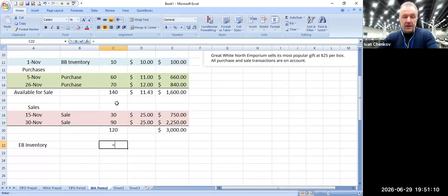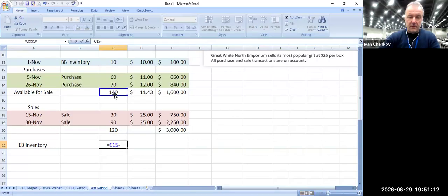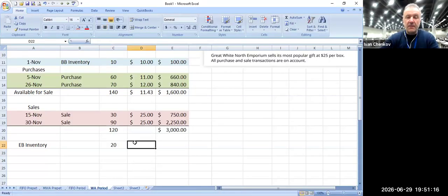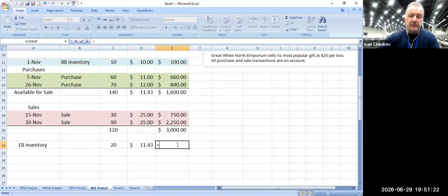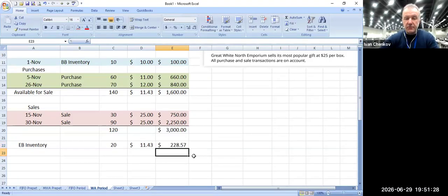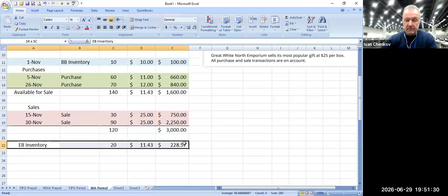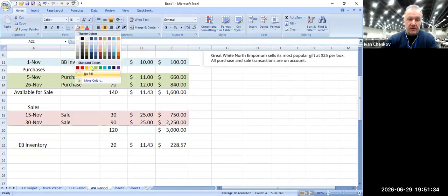Well, we know that we have 20 units available. And we know that the average cost per unit is 11.43. So what's the total value of our ending inventory? It's going to be 20 times 11.43. It's going to be 228.57. That's my value of the ending inventory.